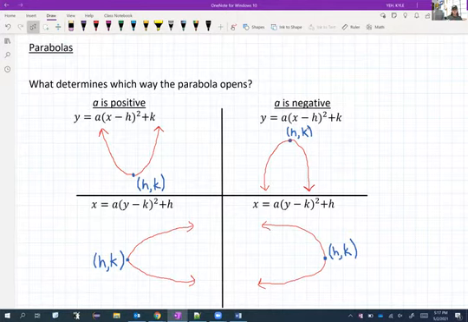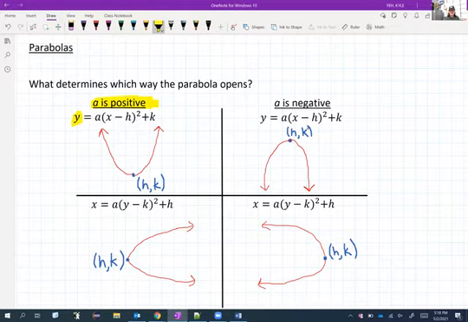So a couple of things just with the chart on the screen right now. First, the vertex: of all four of these parabolas, no matter which way it faces, the vertex is always considered (h, k). Those are the variable names that we're going to use to represent the x and y coordinates of the vertex. Now, I want to look at these equations. When a is positive, and we have this equation, y = a(x - h)² + k, our parabola opens up.